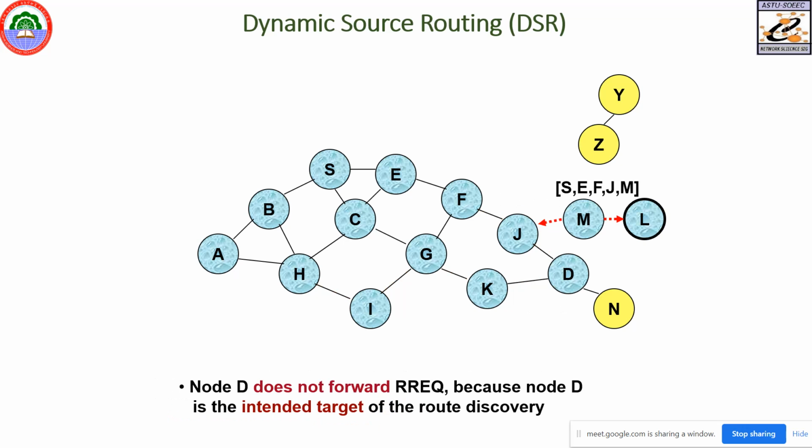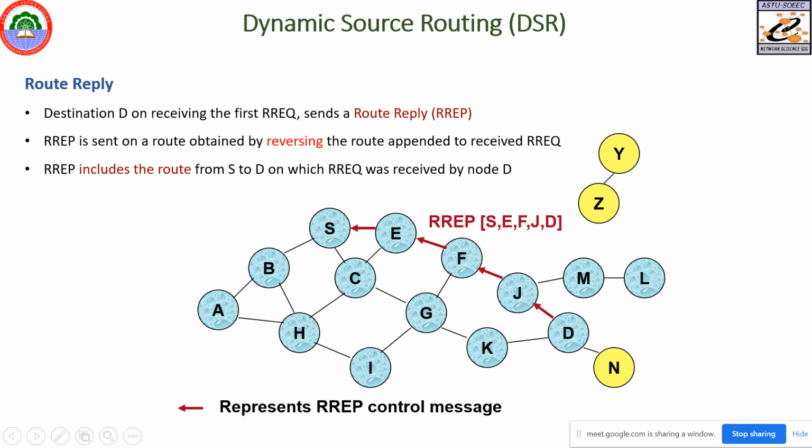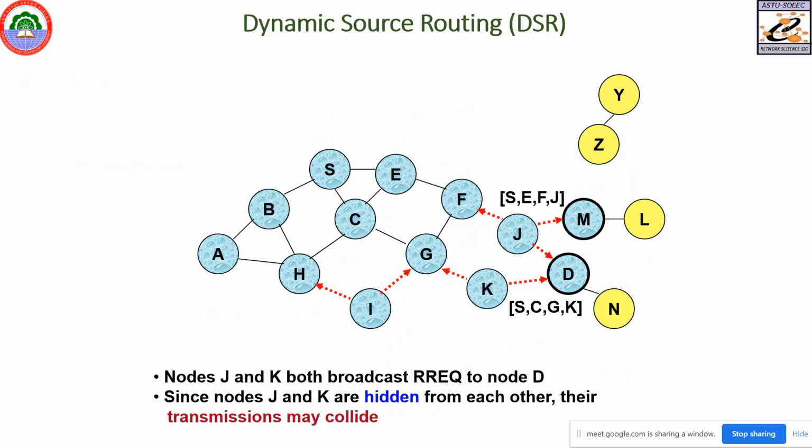Once it reaches the destination, it has to reply with the route reply packet, again a control packet. First the route request control packet is initiated, then once it reaches the destination it will send the route reply control packet to the source. Here there are multiple possibilities. For the destination, the request came from J as well as from K, but it will choose any one.